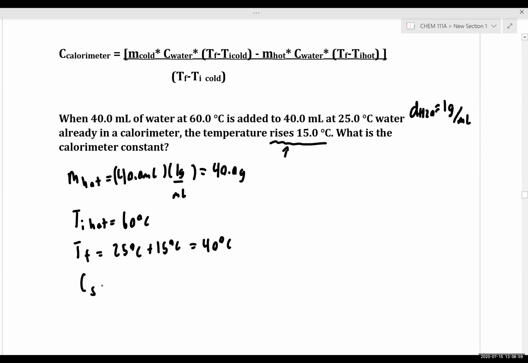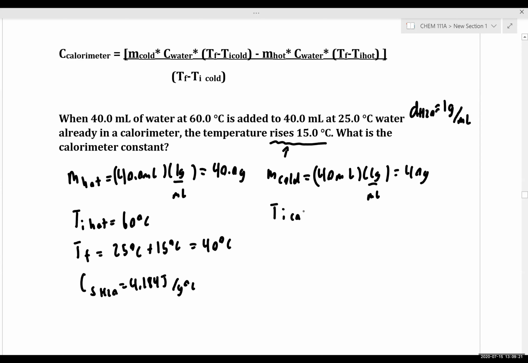The specific heat of water is 4.184 joule per gram degrees Celsius. The mass of the cold water is 40 milliliters times 1 gram per mil, which gives us 40 grams.